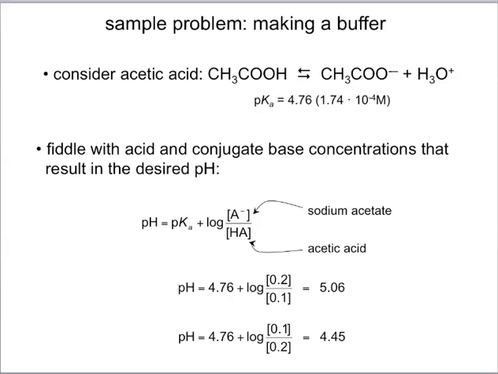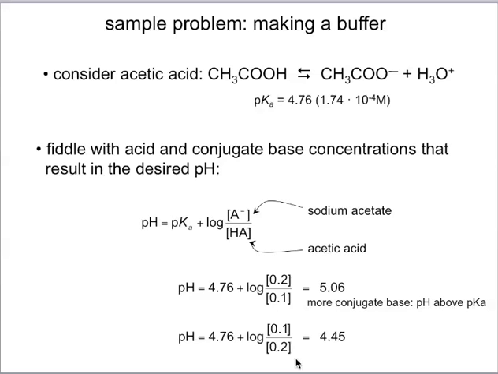First, let's use twice as much conjugate base as weak acid, twice as much sodium acetate as acetic acid, plug in our pKa, and out comes our number. You can always check yourself this way by understanding where you are with respect to the titration curve. More conjugate base means the pH is going to be above the pKa. Remember, the pKa is the pH where the concentrations of acid and base are equivalent.